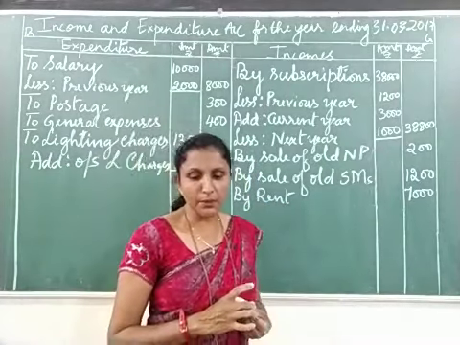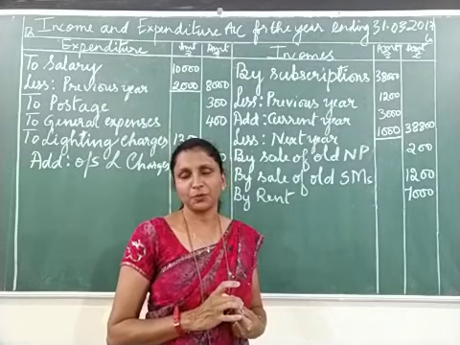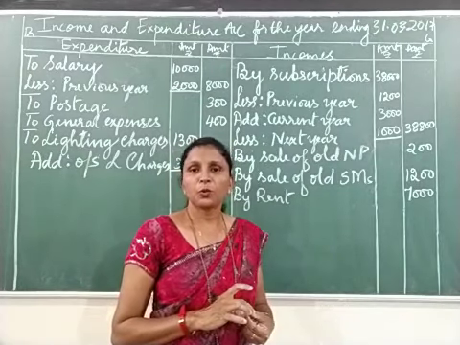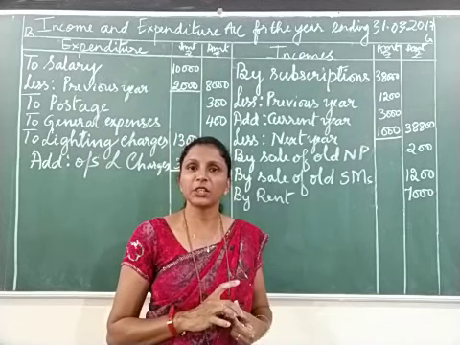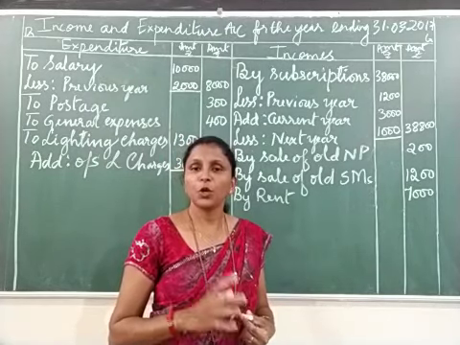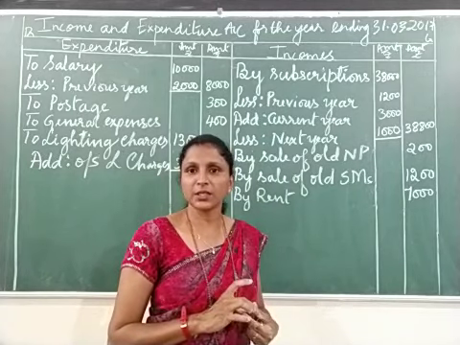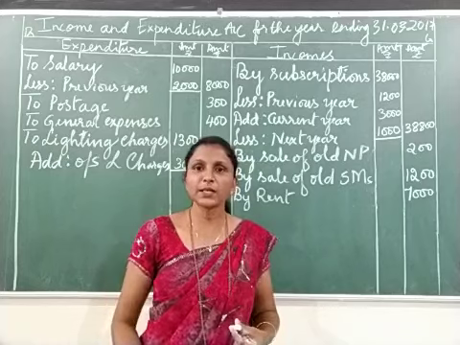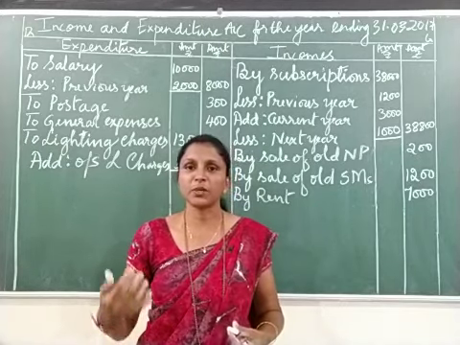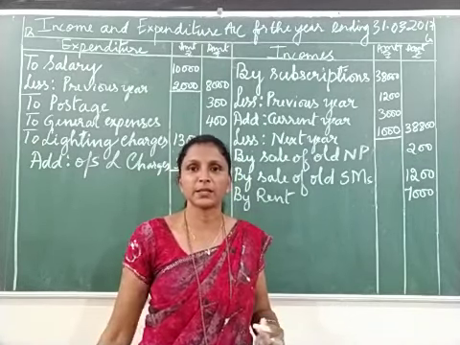Last item, it is by balance carried down. I told you, to balance brought down and by balance carried down given in the receipts and payments account: to balance brought down is the opening cash balance, whereas by balance carried down is the closing cash balance.